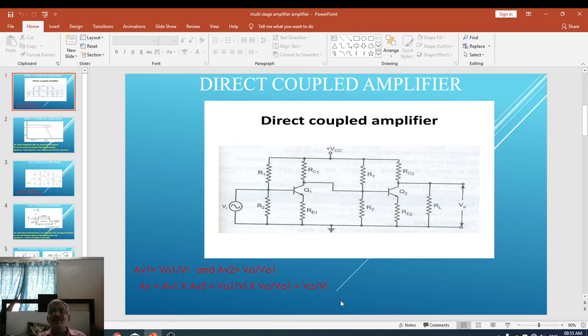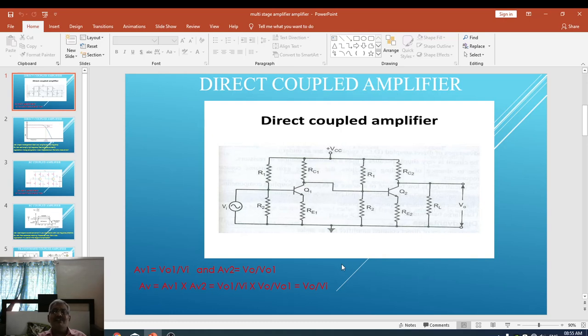Friends, try to remember, whatever input signal is applied is amplified gain times, and we get the output voltage VO1. This is amplified by the second stage amplifier, again gain times, and finally the net amplified output voltage is made available, which is the required amplified output voltage.